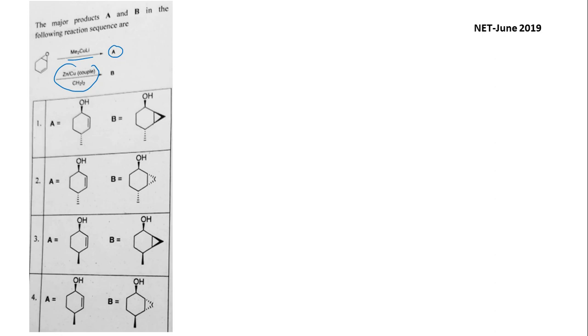So here what will happen first? We have a 6-membered ring. There is a C=C double bond and an epoxide. Now Me2CuLi, this reagent, which is basically a source of methyl minus, will give 1,4 addition. We know whenever we have this type of alpha, beta unsaturated C=O, Me2Cu always attacks at this position.